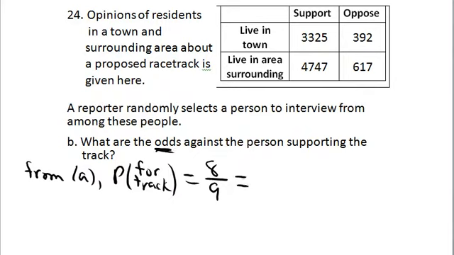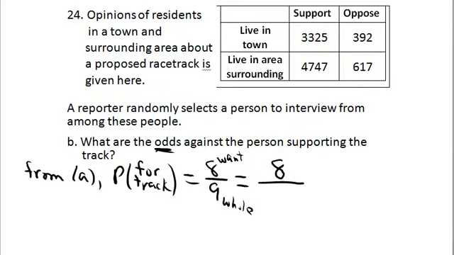Whenever I have a probability and someone asks me to change it to odds, I immediately break the denominator into pieces. Remember, probability is part to whole, and odds is part to part. So the part that I want is in the numerator, and the whole is the denominator when you're doing probability.